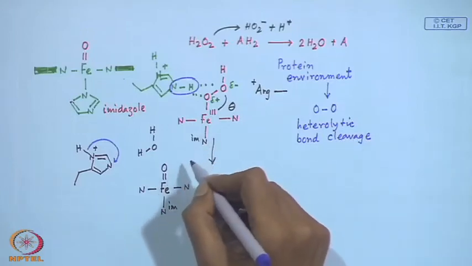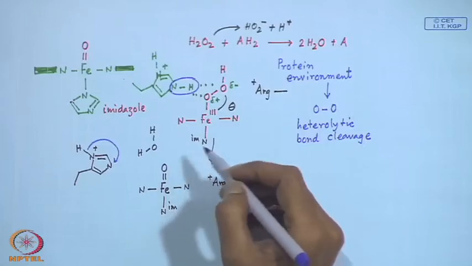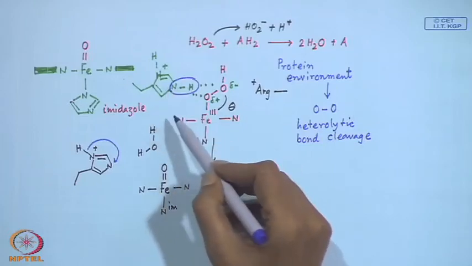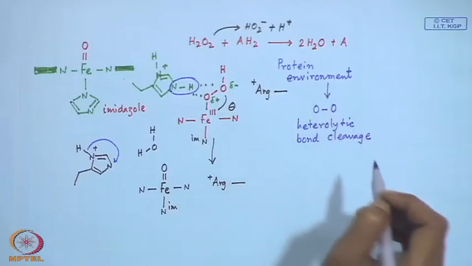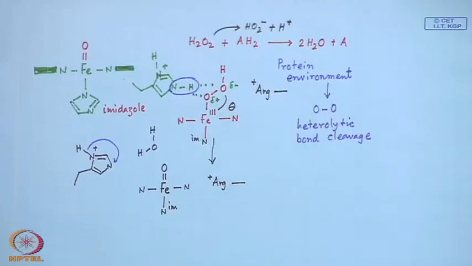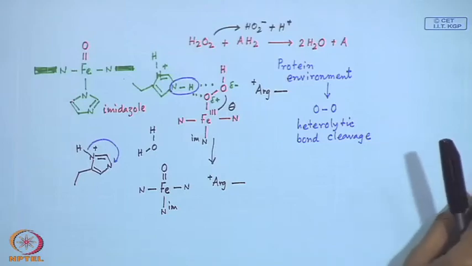Because the terminal end is attached not only through hydrogen bonding to the imidazole unit, but also to some arginine side chain. So, this arrangement immediately gives us some idea that we can see some of these reactions, because some of these reactions are very useful for oxidation.